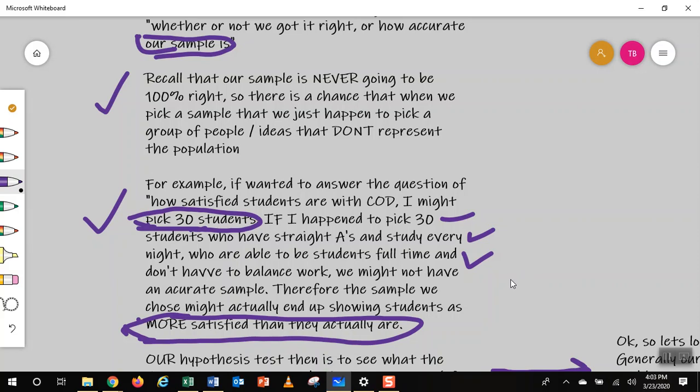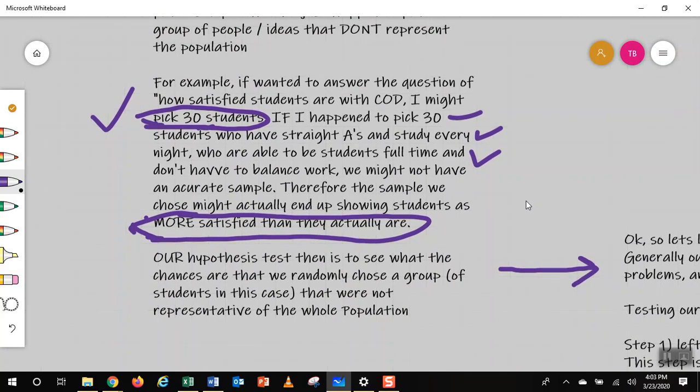So what a null hypothesis test does is test the chances of us choosing a sample that happens to be, in this case, these 30 students who were just very happy with the school. We'll look at what the formula is, but basically the formula runs our assertion, our sample, our hypothesis, versus the chances that we just happened to choose 30 students, or whatever the sample size is, that really like school and were misrepresentative of the rest of the group.